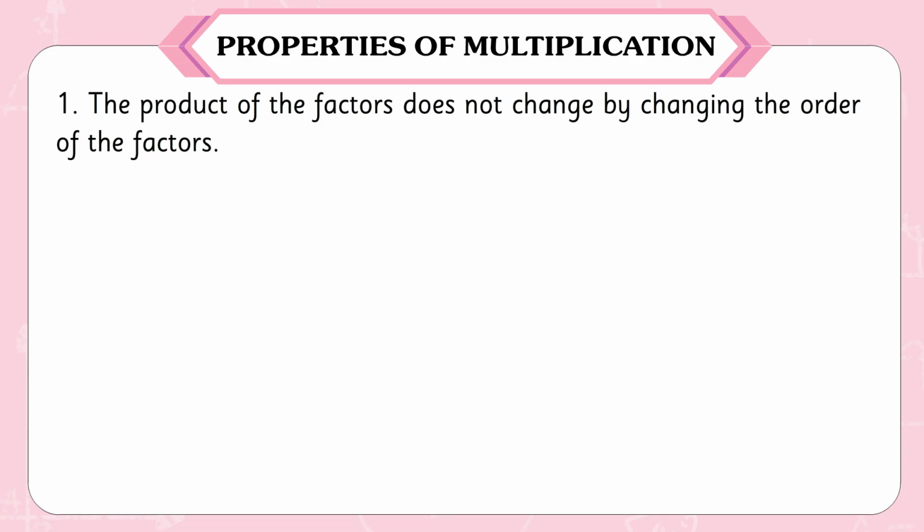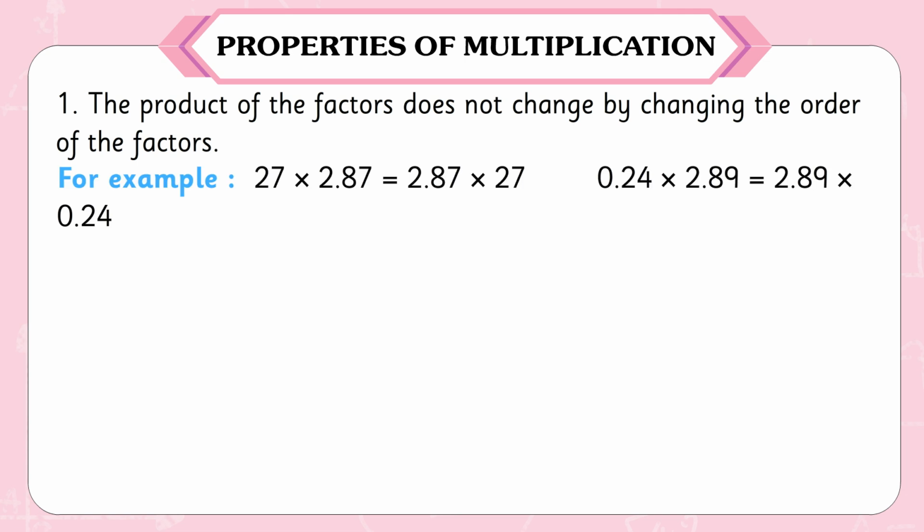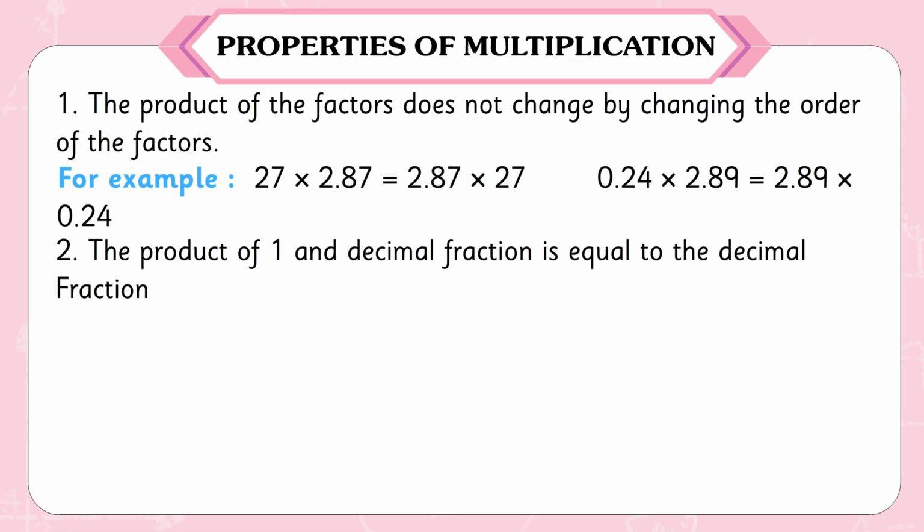Properties of multiplication. 1. The product of the factors does not change by changing the order of the factors. For example, 27 times 2.87 is equal to 2.87 times 27. 0.24 times 2.89 is equal to 2.89 times 0.24. 2.